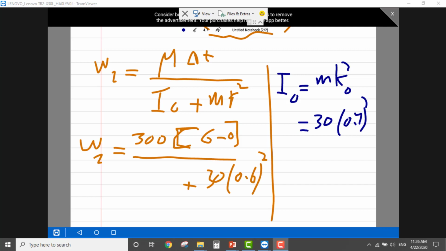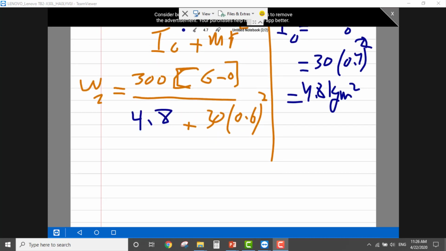Now using my calculator, this is equal to 4.8 kilogram meter squared.